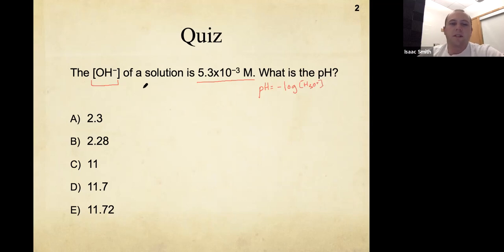And we're given the OH concentration, but we can use this relationship to find the, sorry, that should be hydronium concentration. So we can use the OH minus concentration to find the hydronium concentration, which we can then plug into this equation to get the pH, okay?